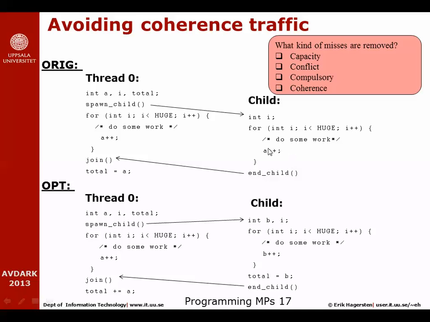You miss in the cache because somebody else invalidated you between two accesses to the same piece of data. It's very easy to make these kinds of mistakes, especially if the code looks pretty much the same as before. And what may confuse you even more is if we look at the next example.